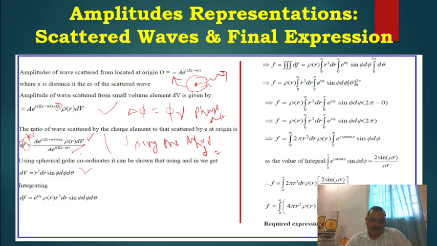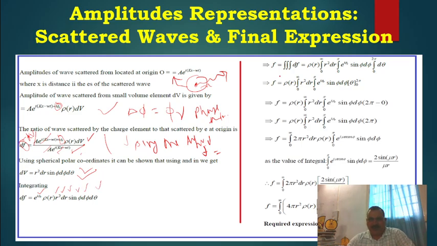According to the spherical polar coordinate system, we have dV equal to r square dr sin phi d phi d theta. Putting this value in, we can cancel A by A, and the exponential iota kx terms cancel out, but we are left with exponential iota phi r, rho r, r square dr sin phi d phi d theta.